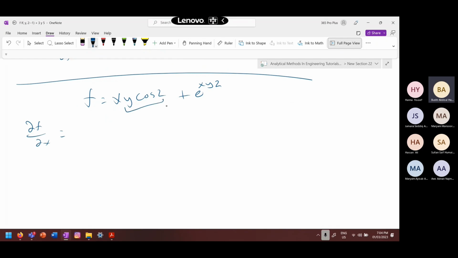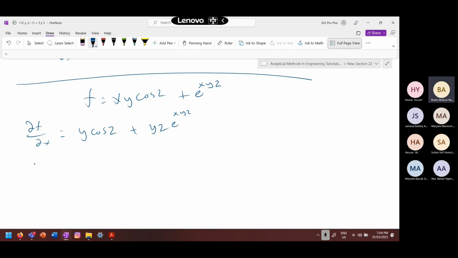You'll count these as constants and these also as constants for this differentiation. So you'll have y cosine z plus yz e to the power xyz.